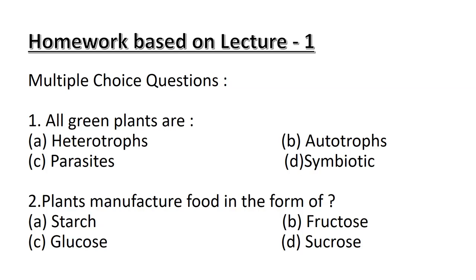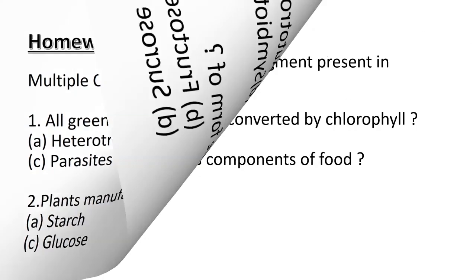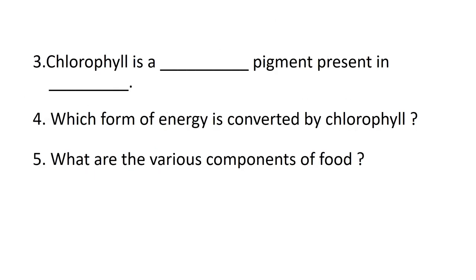Question number 2. Plants manufacture food in the form of: option A, starch, option B, fructose, option C, glucose, option D, sucrose. Question number 3.